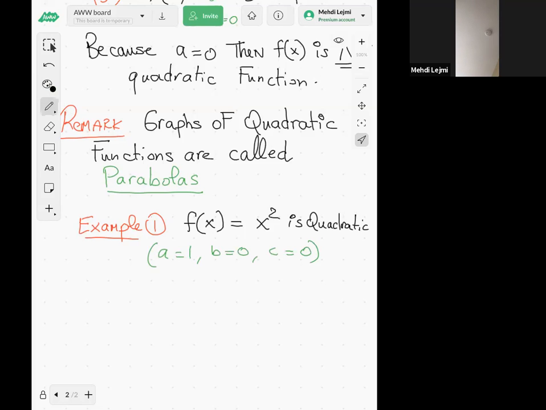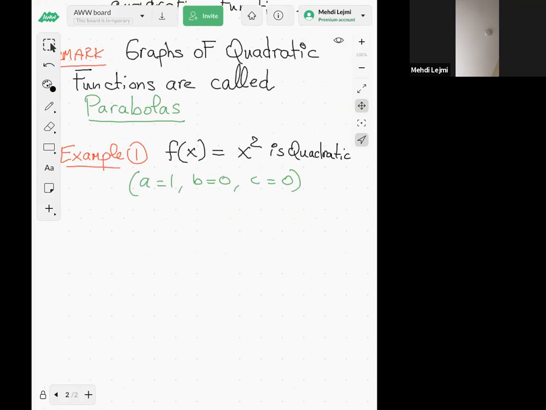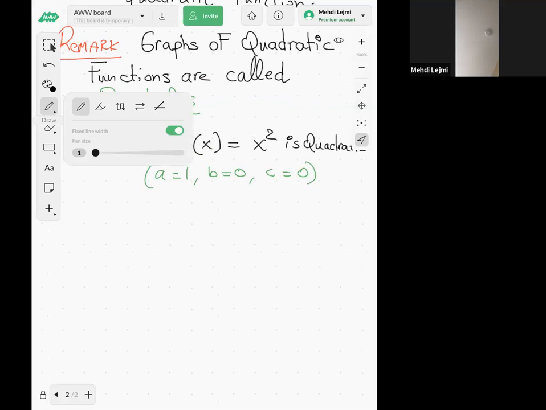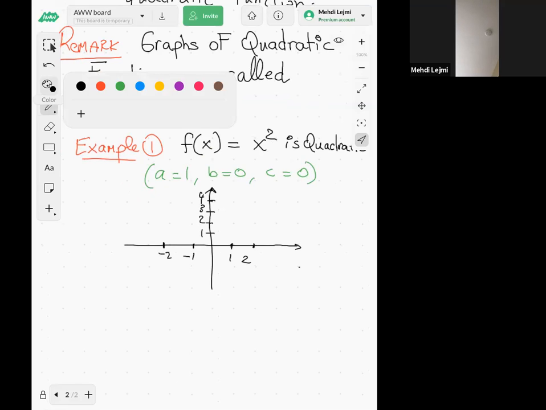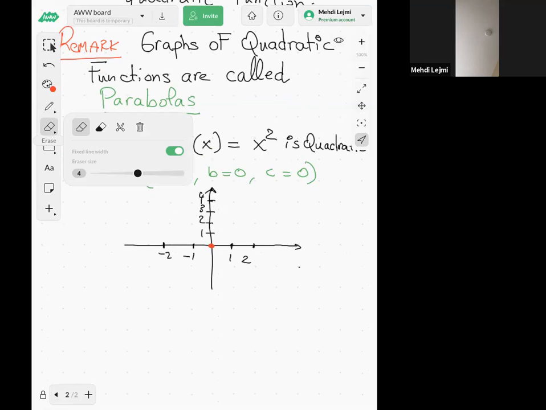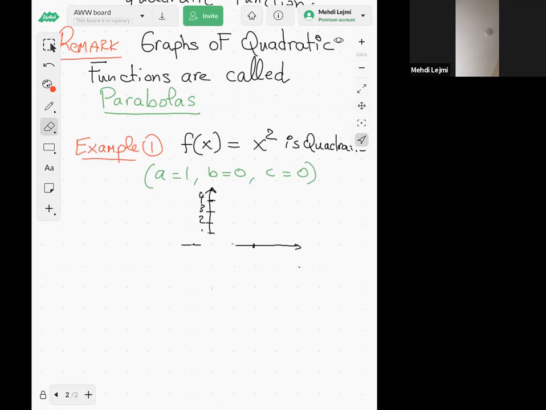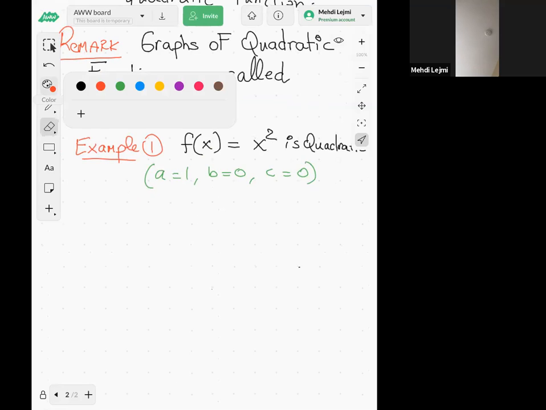So let's graph this x squared. Probably I should have a bigger graph, so let's take a bigger graph.